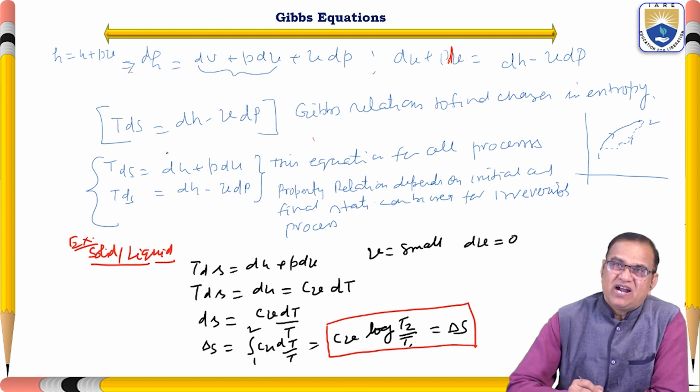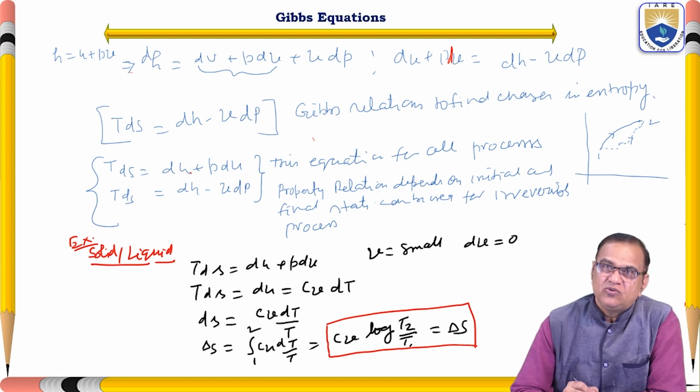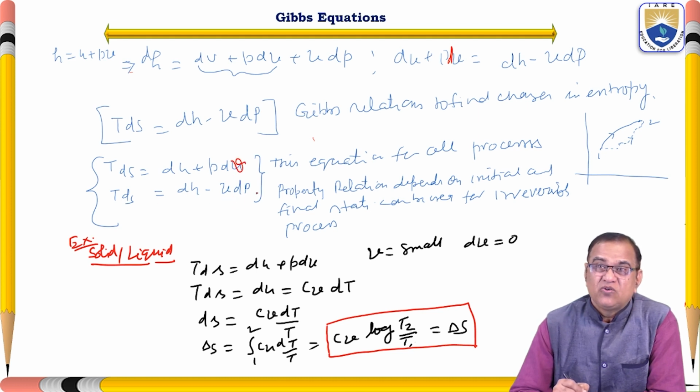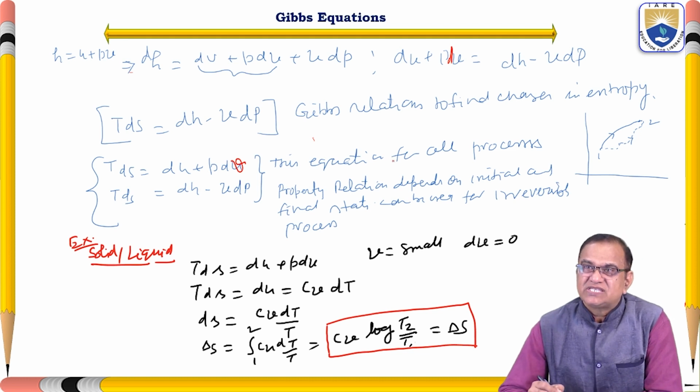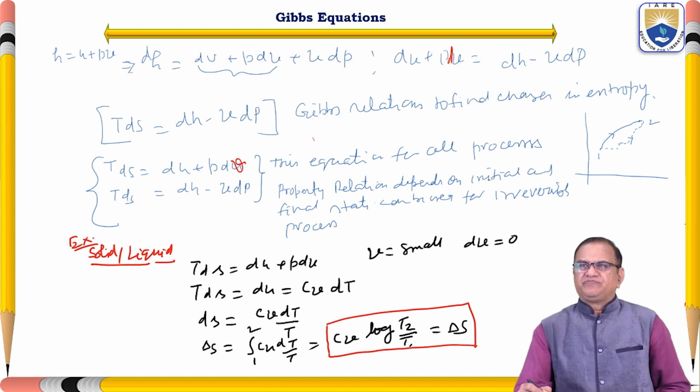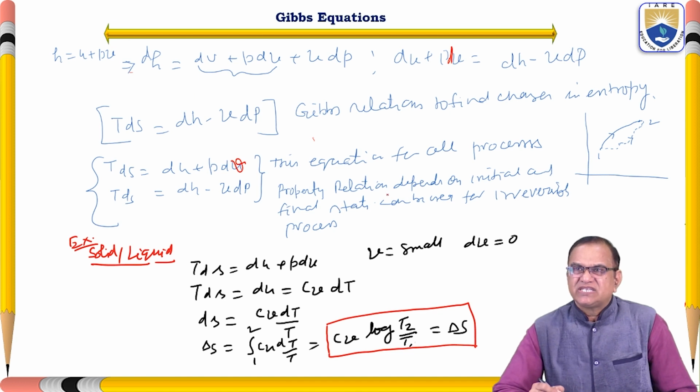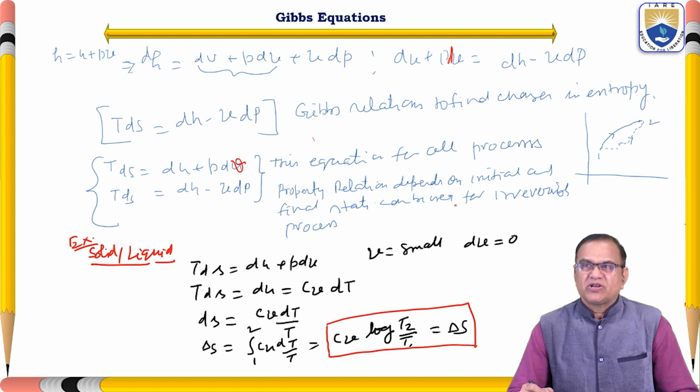Previously we got one relation that TdS is equal to dU plus PdV, and TdS is equal to dH minus VdP. These equations hold for all processes, not only reversible ones; they can be used for any type of process in systems. Property relations depend on the initial and final states, so they can be used for irreversible processes also.